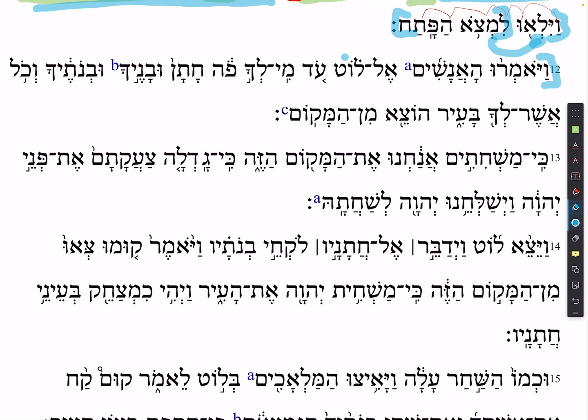Vayomeru, and the men said to Lot, "Who else do you have here? Son-in-law, and your sons and your daughters, and everybody who is yours in the city, bring out from the place." This is a very long construction here.